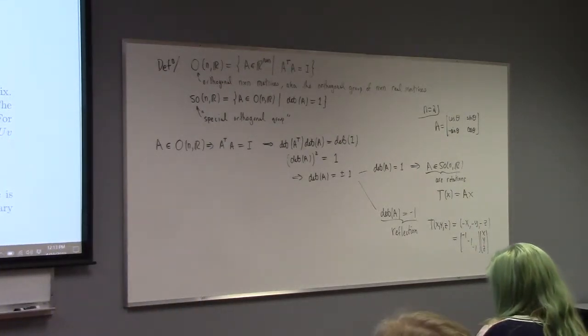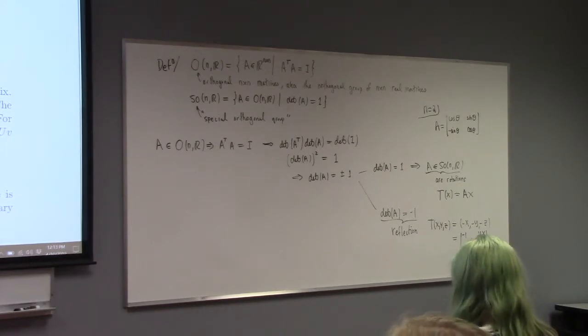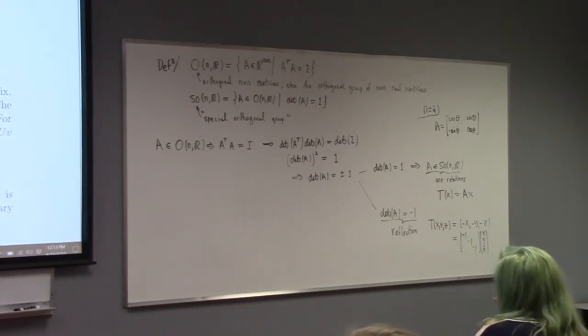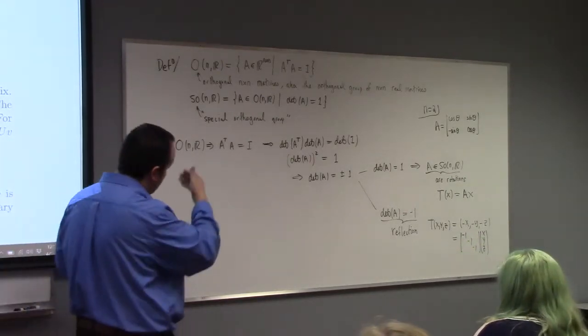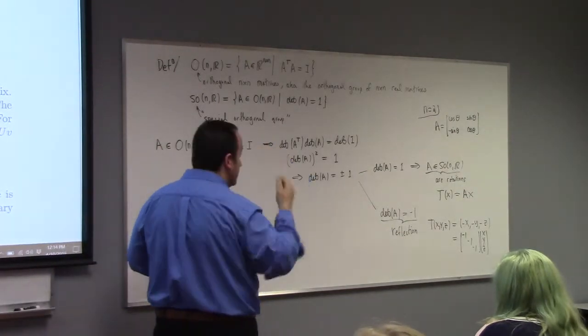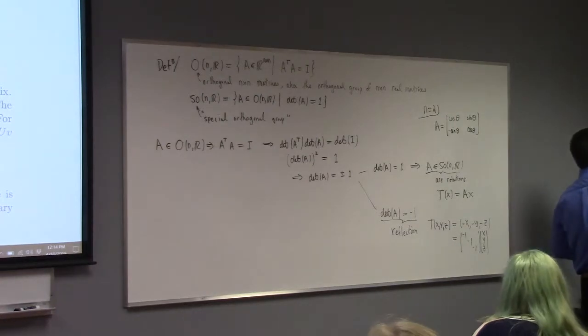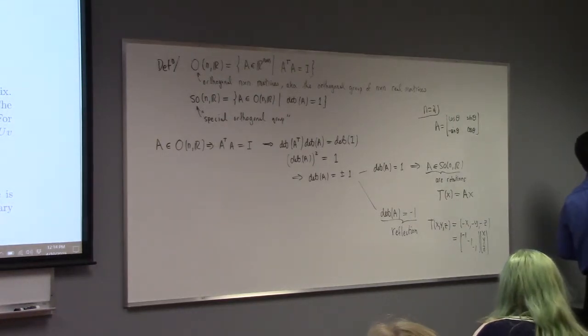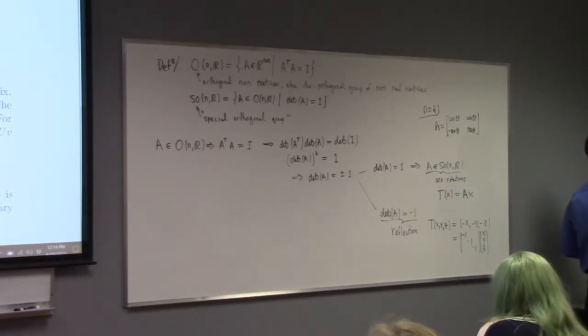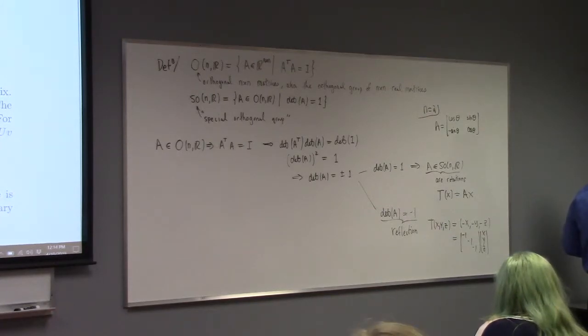I can say more. Maybe I should. If we were to calculate, let's say that A is equal to [V1, V2, and so forth]. Suppose those are the columns of A, which is in O(n), all right?